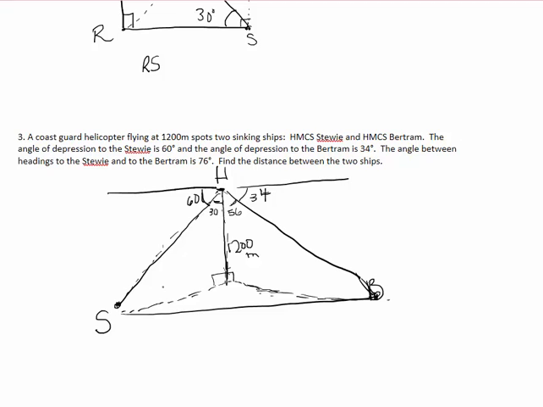And now I have enough information that I can start to solve what I need. Find the distance between the two ships. So I'm looking for the length of SB. Again, sometimes you may need to solve for information you don't have in order to be able to solve for what you need. So using my right-angled triangles, I'm going to solve for this side using trig ratios.